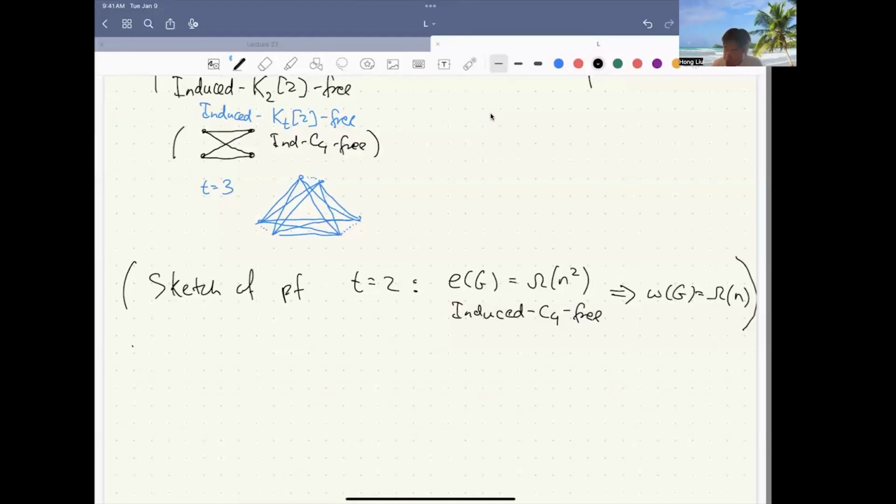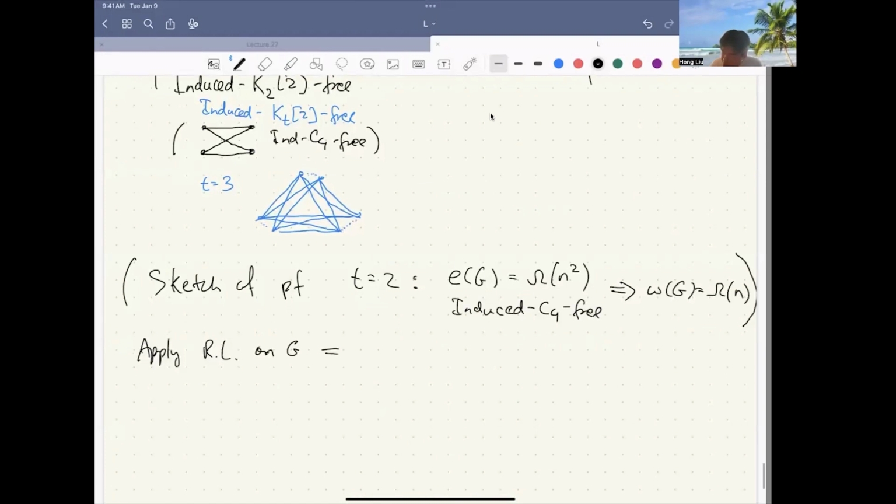Apply the regularity lemma. On G, we get a reduced graph R. What do we know about this reduced graph?